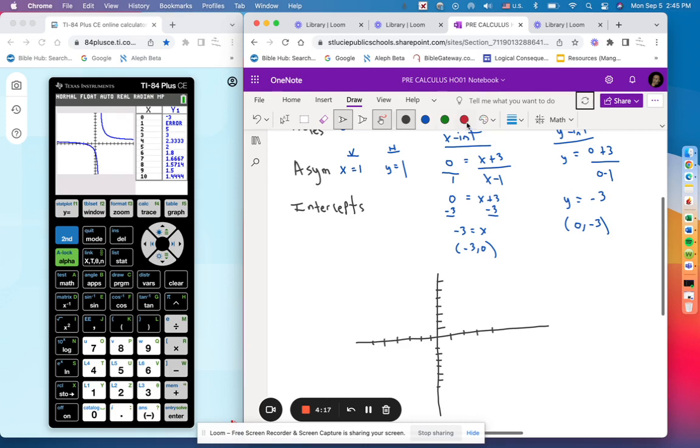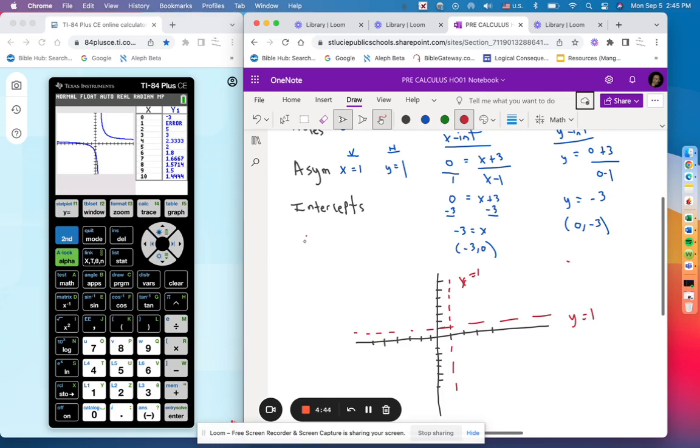All right, so now you're going to draw your vertical asymptote. So I'm going to go to 1, put a dotted line. So x equals 1. And my horizontal asymptote is y equals 1. So I go up to 1 on the y-axis. Y equals 1. Okay.